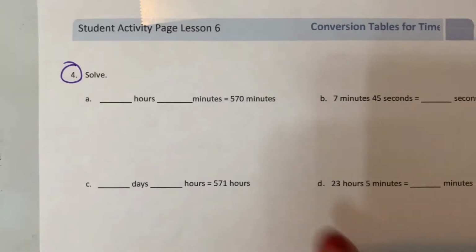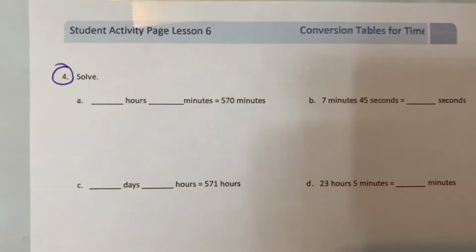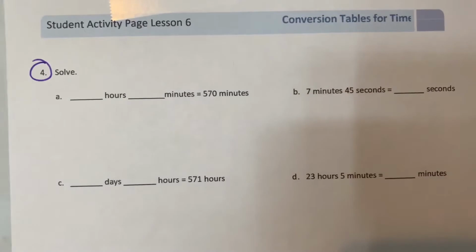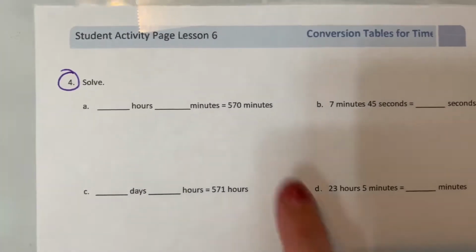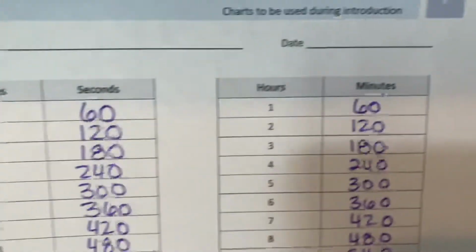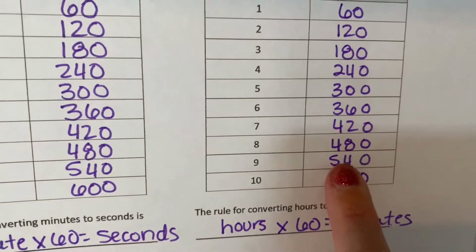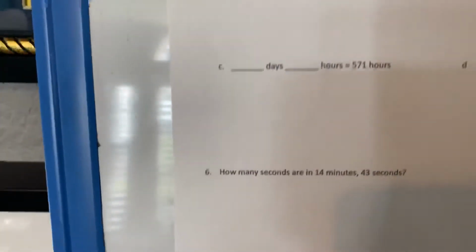So we're going to start here with 570 minutes. And as I see that I have 570 minutes, I'm trying to find out how many hours that will be. So I'm going to come up here to my conversion table, and I see that 9 hours is 540. So I'm going to use that number right there, 540.